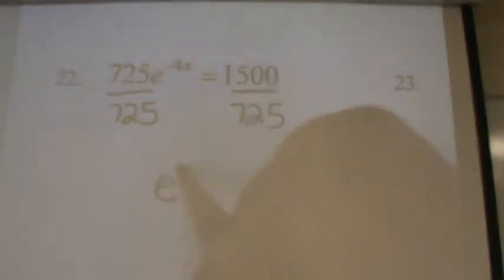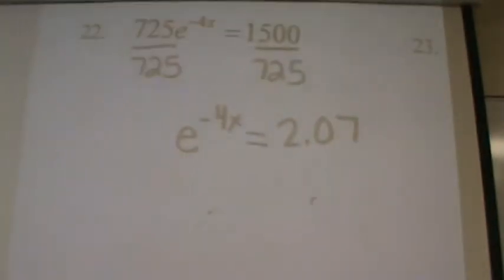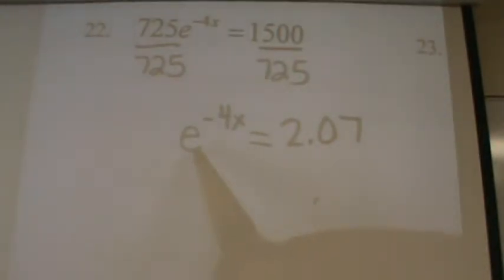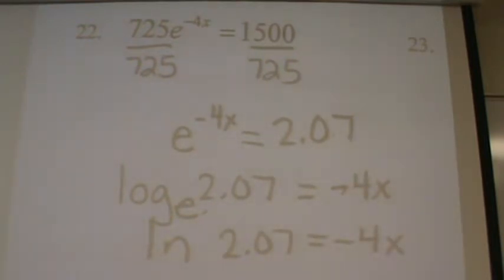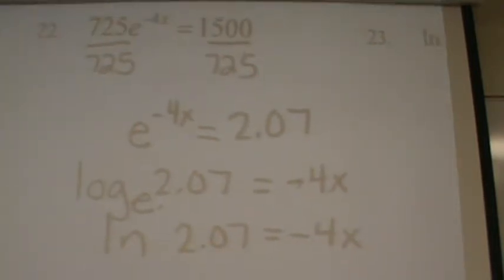So you have e to the negative 4x equals, and I'll just quickly give you 1500 divided by 725 is 2.07. And here, once you have your base by itself, you would write the log of 2.07 base e is equal to negative 4x, which is ln. And you guys can take it from there, right? Do that, divide by negative 4.